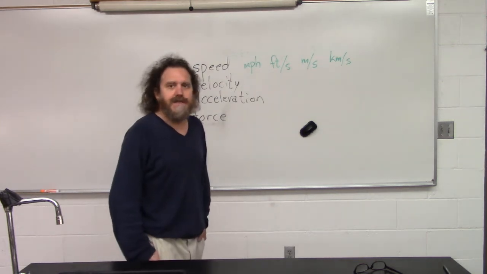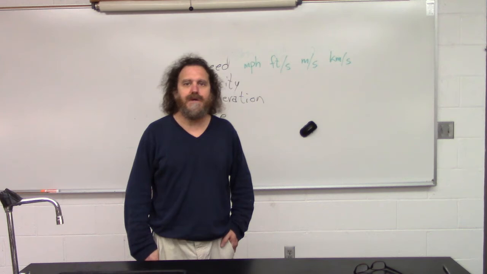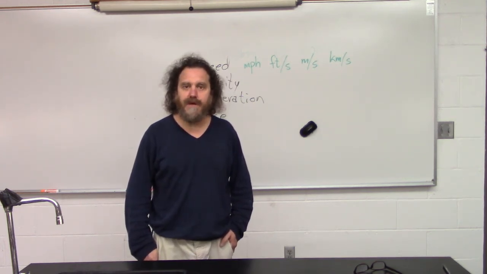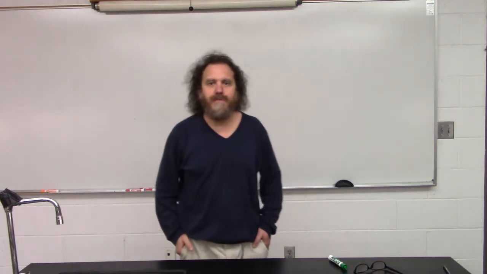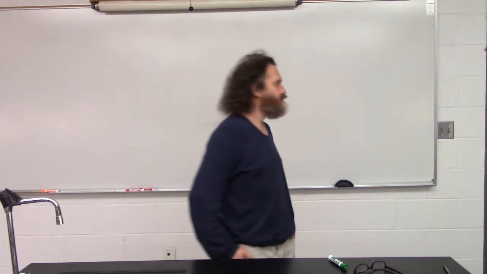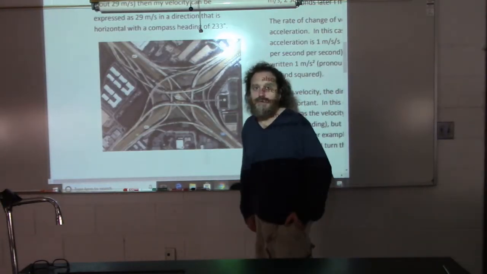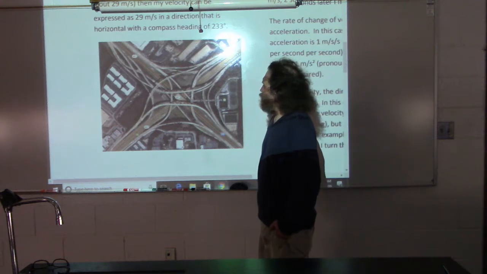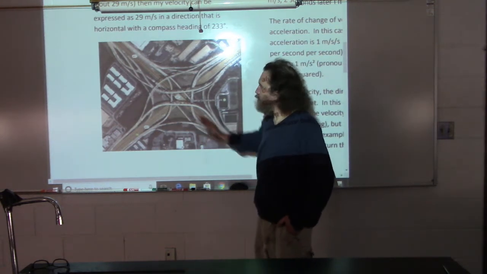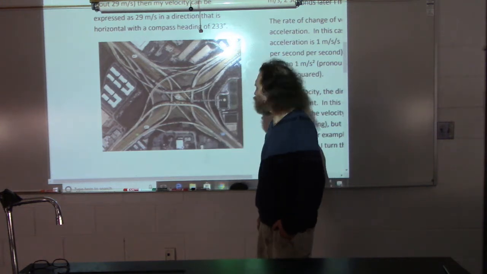Now, velocity is a little bit different concept from speed. It is how fast you're going plus information about the direction that you're going. So let me bring up a picture that's in the reading for today. This is a satellite photo of Spaghetti Junction, the intersection of I-85 and I-285.